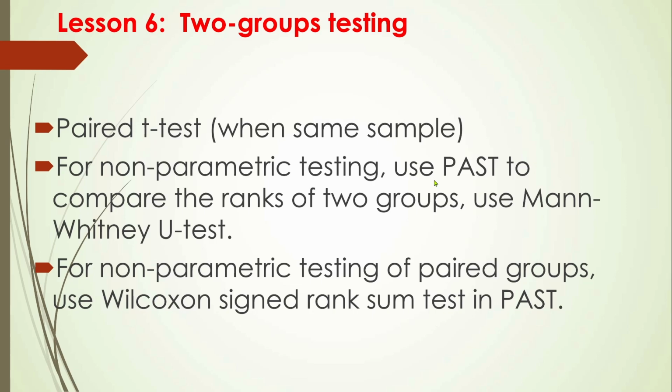For example, the Mann-Whitney U-test to compare the ranks of two groups, or for paired groups, you may use the Wilcoxon signed rank test. Both these tests are available in PASS.